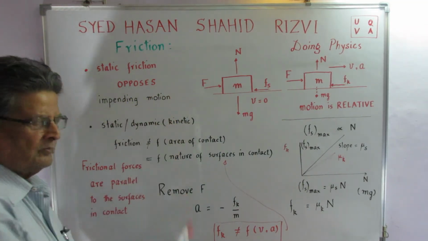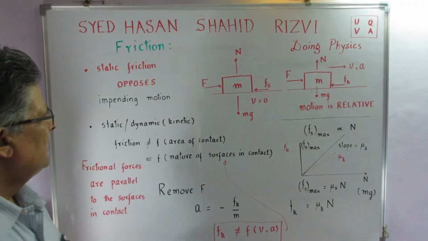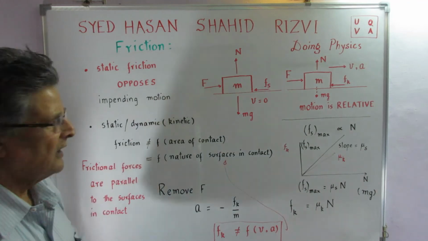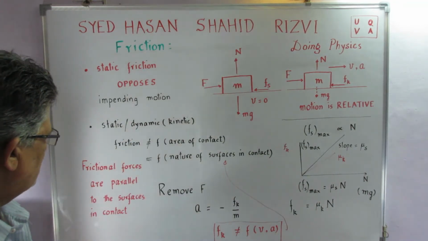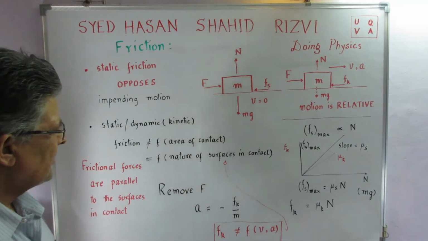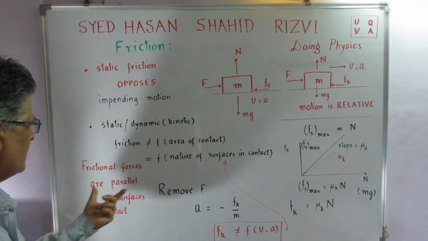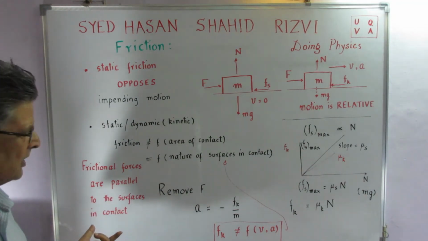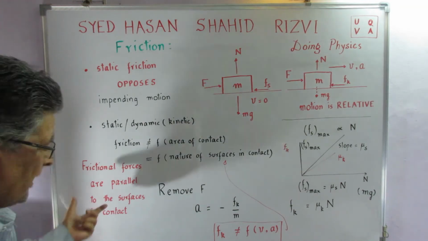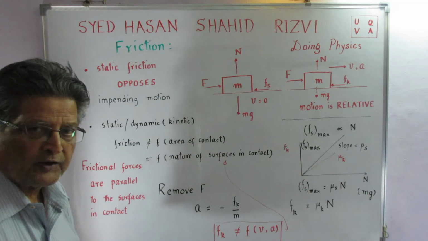Opposition to any motion, opposition to any activity, gives us life to live, and therefore the only thing we have to bear in mind is that the frictional forces are always parallel to the surfaces in contact. They bring about motion, they stop motion, they help us live our life.